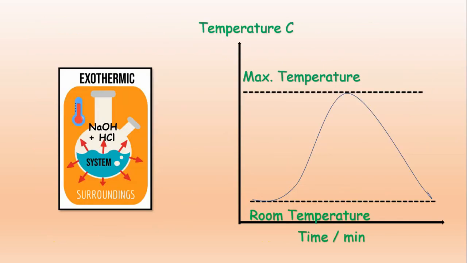Now look at this one: when you react sodium hydroxide with hydrochloric acid, initially the temperature will rise until the maximum temperature is achieved. Then the temperature will fall to room temperature. This is the main concept of the exothermic reaction.